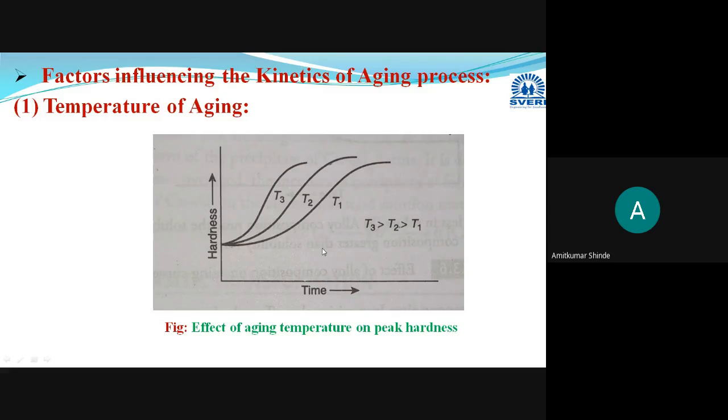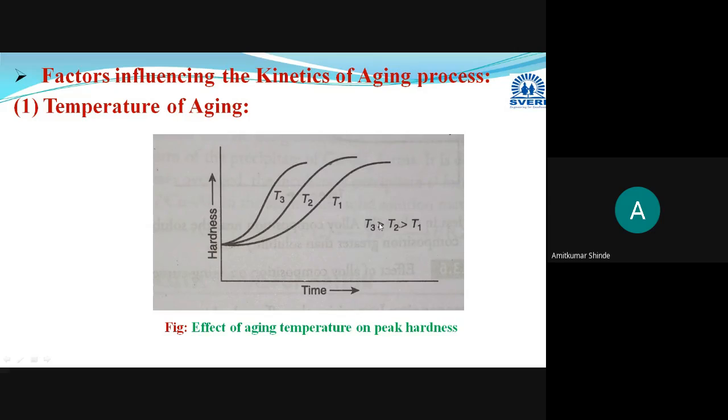If you observe, these are the peak hardness values, and the time required to reach the peak hardness is on the x-axis, with hardness on the y-axis. You can clearly see that the peak hardness and the time to reach it both decrease with increasing aging temperature. Are you getting this?